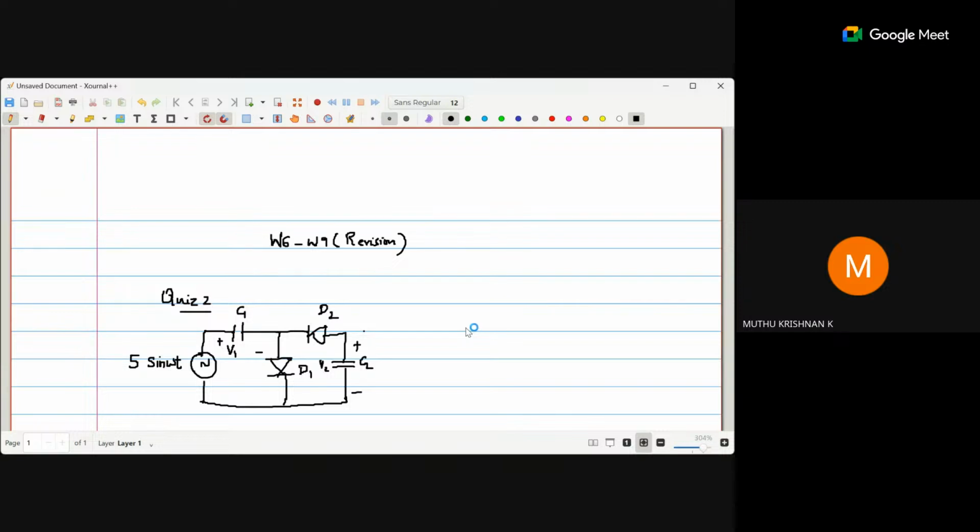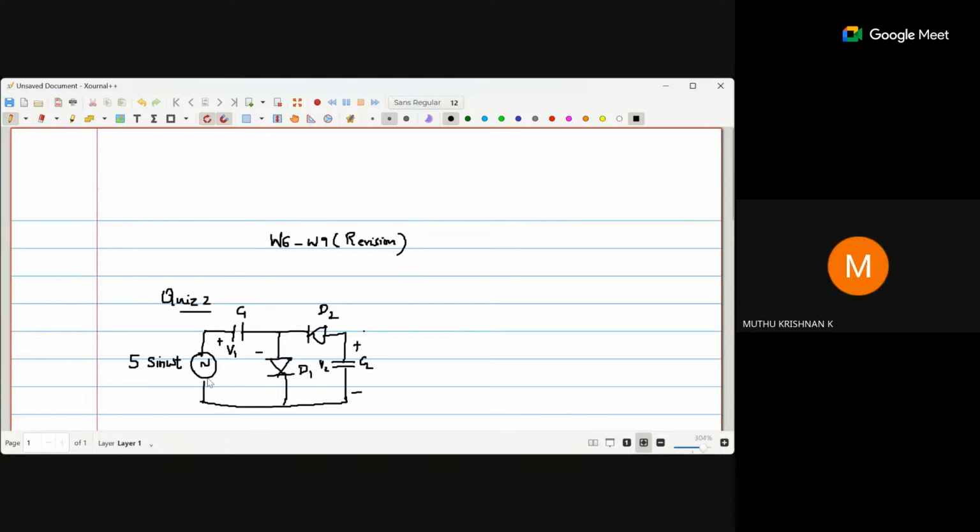No, ma'am, actually this is not this question. The one which comes before, it's something like a half wave rectifier, but with a 3 volt voltage source. I don't understand.